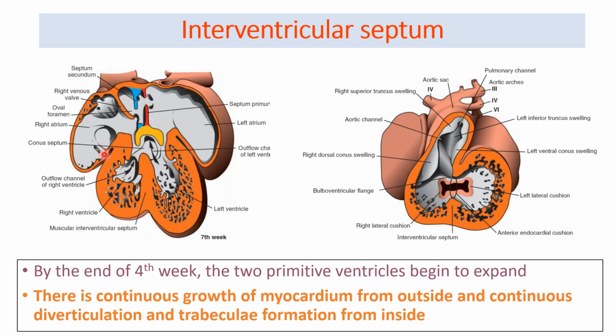With the continuous expansion, internally there will be trabeculae formation, and externally it is also expanding. With the expansion, this less expanded part in the middle, the muscular part of the interventricular septum, will develop. So this is the muscular part of the interventricular septum, which is going to develop over here. Above the upper margin of the muscular part is the atrioventricular cushions, atrioventricular septum.